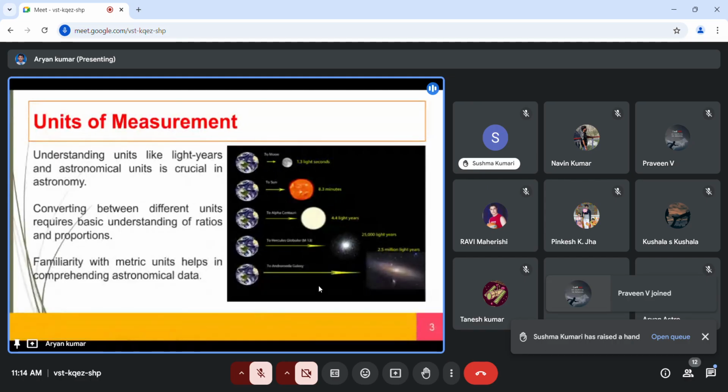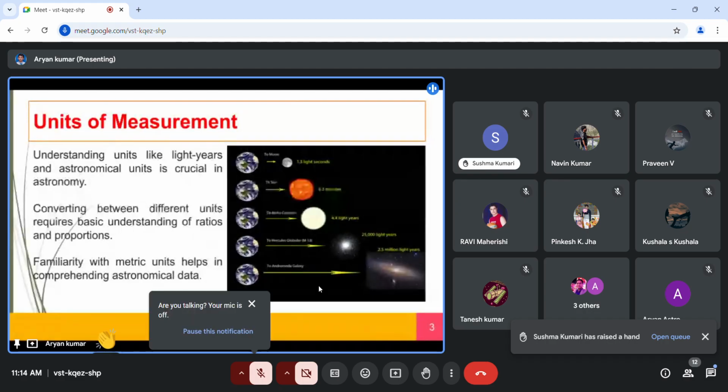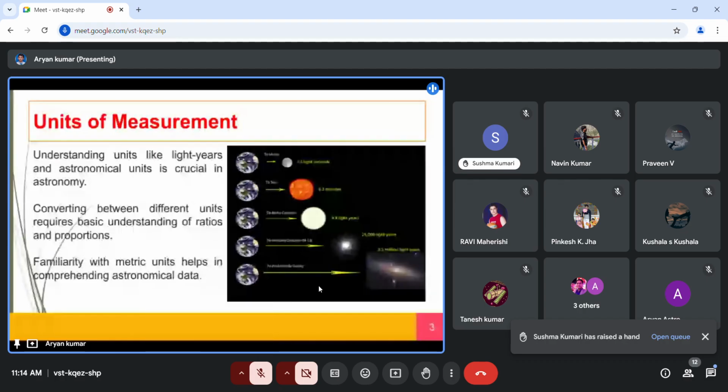And in astronomy, the main thing is distance. As you can see, the distance from the sun to earth is about 8.3 light minutes, or 1 AU, which is an astronomical unit. Light takes about 8.3 minutes to cover one astronomical unit, which is approximately 150 million kilometers.